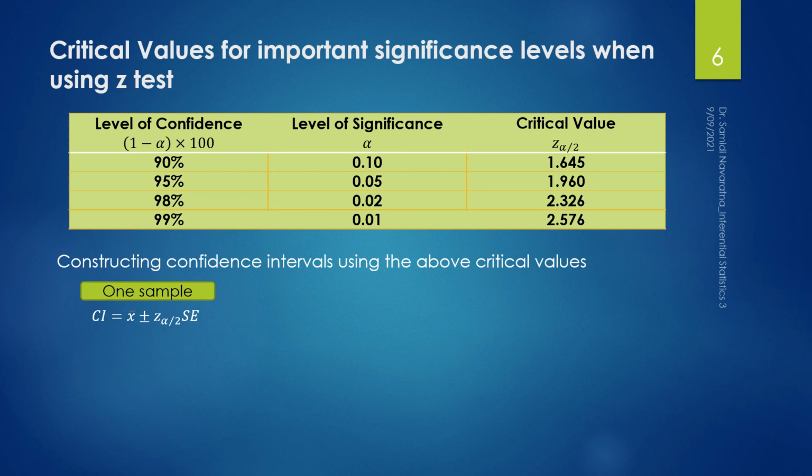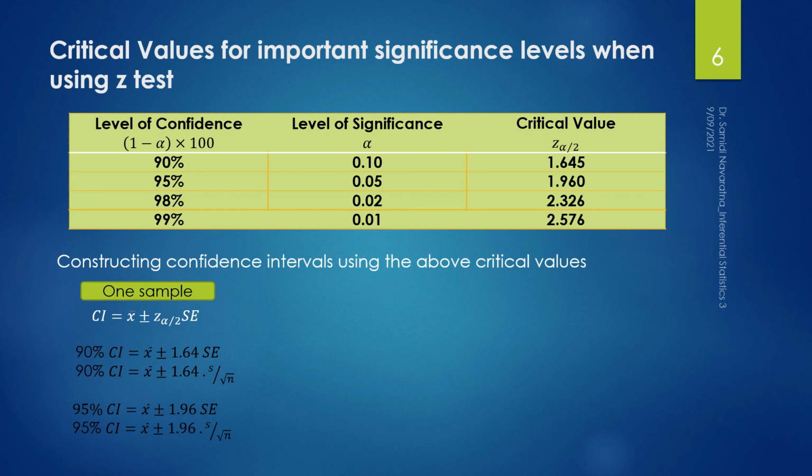So I'll just write down the 99%, I'll write the 90% confidence interval, and the 95% confidence interval, just to let you know how you can derive any confidence interval using this common equation.